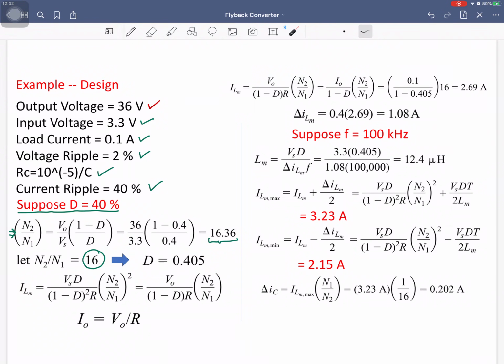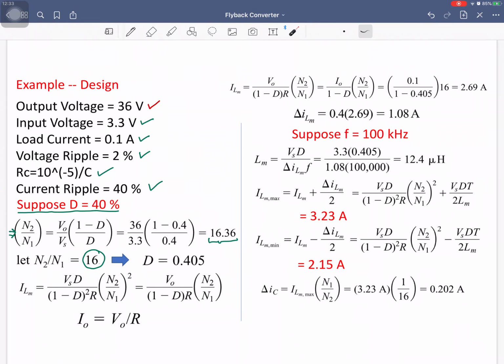Then using the expression for the average value of the magnetization current, we have all the values, and the I0 can be simply calculated as V0 by R, right? So using this expression, we can find out the average magnetization current.